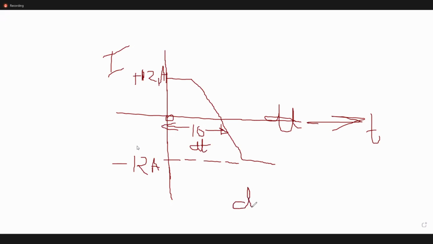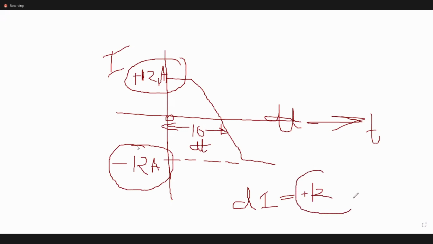Di is what? Change of current. This current minus the reverse current. So plus 12 ampere current minus the reversed current, minus 12 ampere.